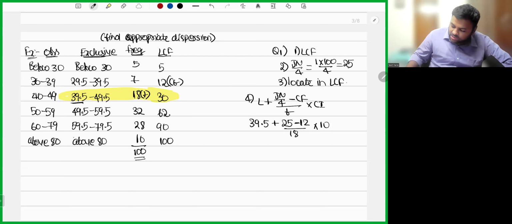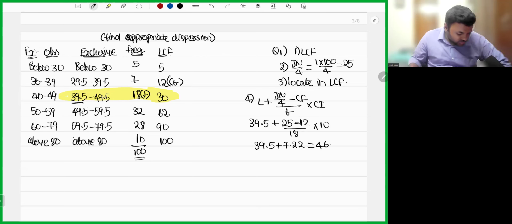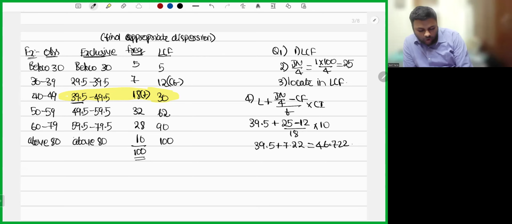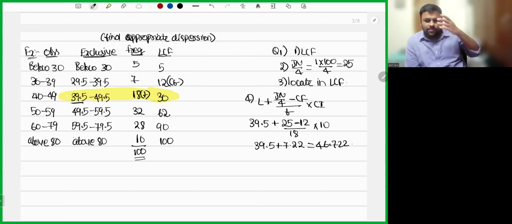So 25 minus 12 is 13, into 10 divided by 18. So 39.5 plus 7.22 is 46.72. Okay. So I hope quartile 1 is perfect, my dear friends. Now, let's calculate quartile 3, then we can calculate quartile deviation.